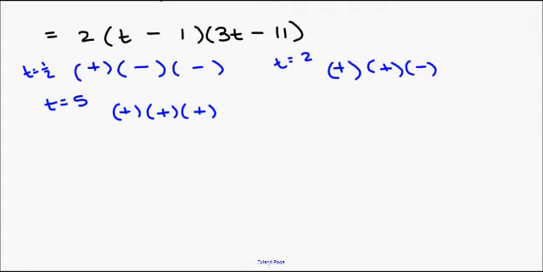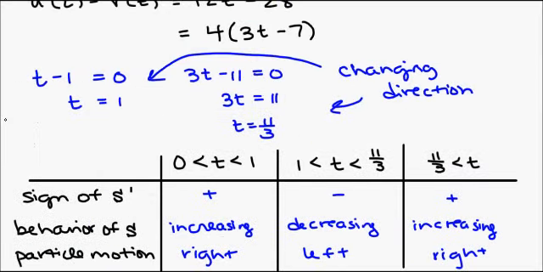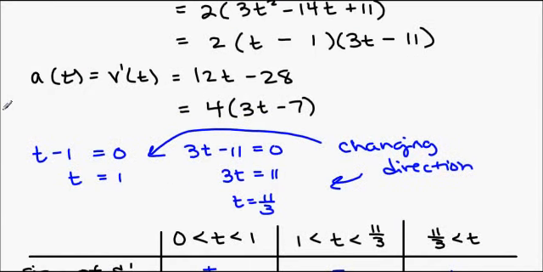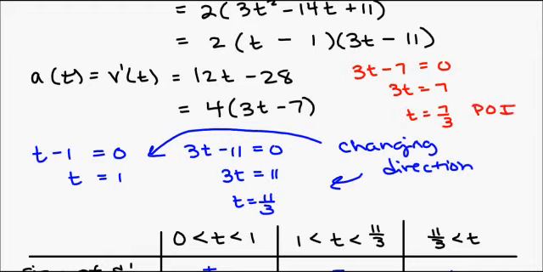Okay, now let's look at the second derivative, acceleration. So when that equals 0 is when I'm going to have my points of inflection. So let's set 4 times 3t minus 7 equal to 0. So basically 4 is never going to equal 0. 3t minus 7 equals 0 when t equals 7/3. So this is my point of inflection.